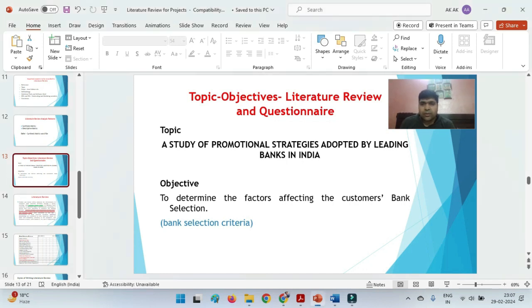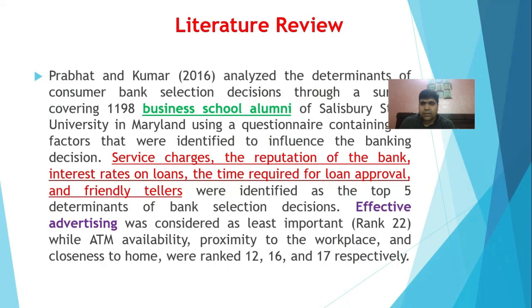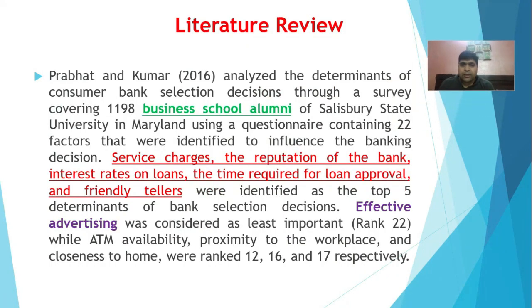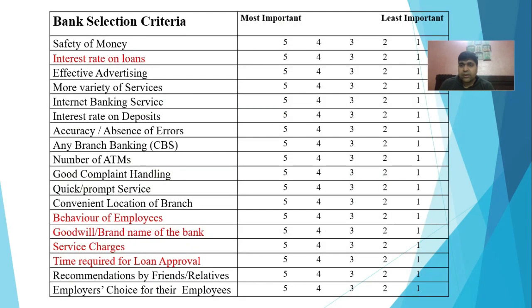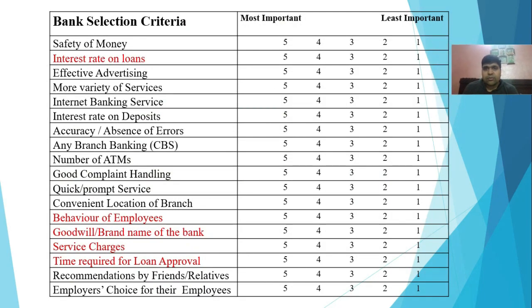Now, this is the way that you conduct the review of the literature. In this, you find service charges, reputation of the bank, interest rate, time required for loan approval, friendly tellers, which means behavior of employees, and ATM, proximity to workplace, closeness to home, etc. Now, while making the questionnaire, you can have a question like this: bank selection criteria, from most important to least important: interest rate on home loans, behavior of employees, goodwill, bank's reputation, service charges, and time required for loan approval.